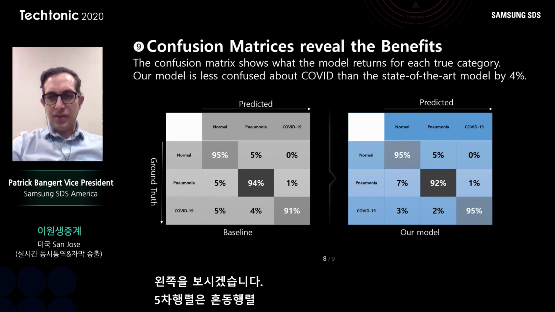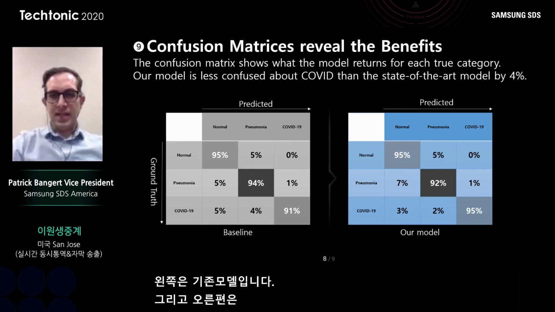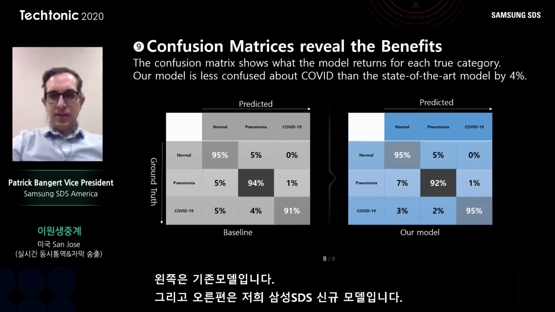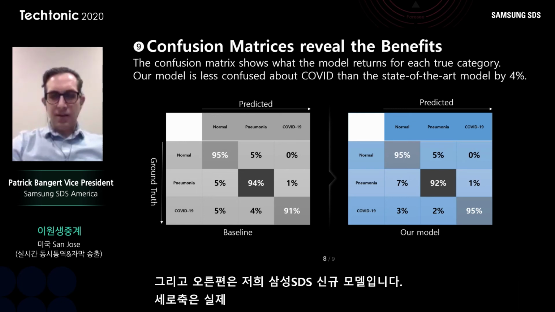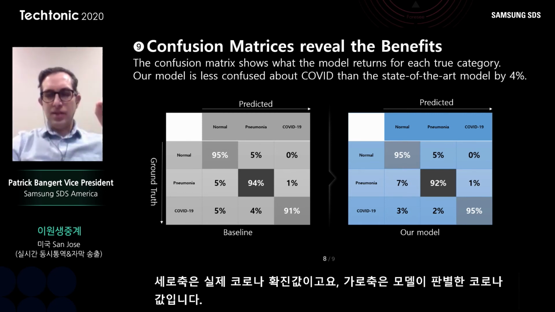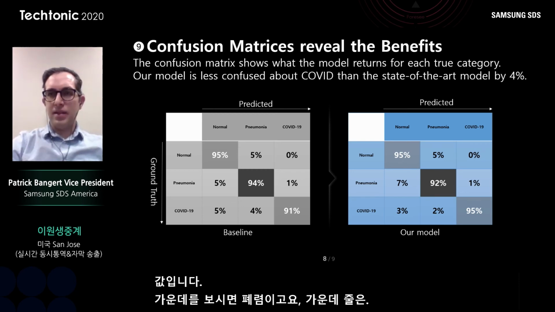Now how to read this matrix: in the vertical axis down the side, you find the categories that are correct about the lung. And on the horizontal axis across, you find the category that the artificial intelligence identifies. So for example, if I'm looking at pneumonia cases, I have to look at the middle line. And then I find that a pneumonia case is determined to be normal 7% of the time. So that's how to read that matrix.